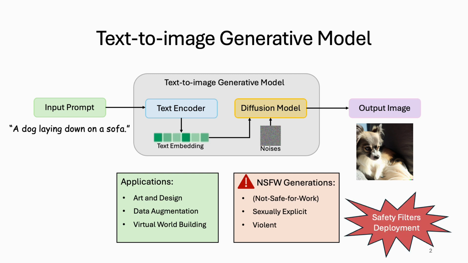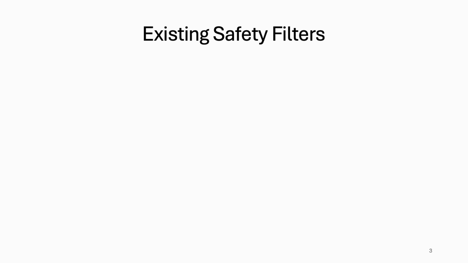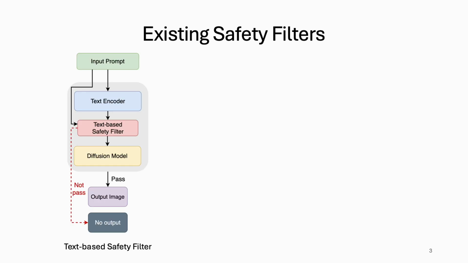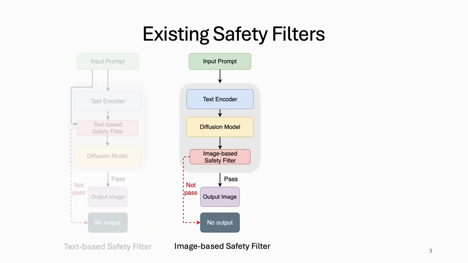So in real life, safety filters are usually deployed in the middle of the pipeline. There are three types of existing safety filters. The first one is a text-based safety filter, which is deployed in between the text encoder and the diffusion model, and takes text embeddings as an input.